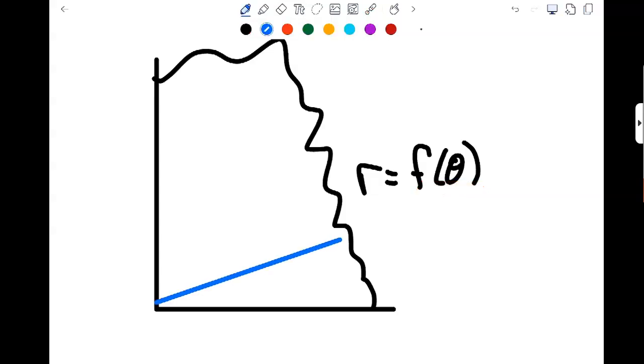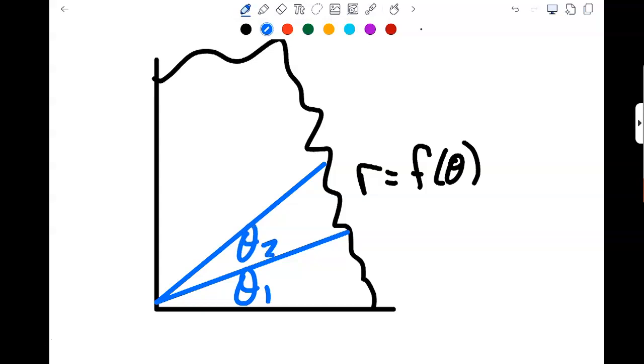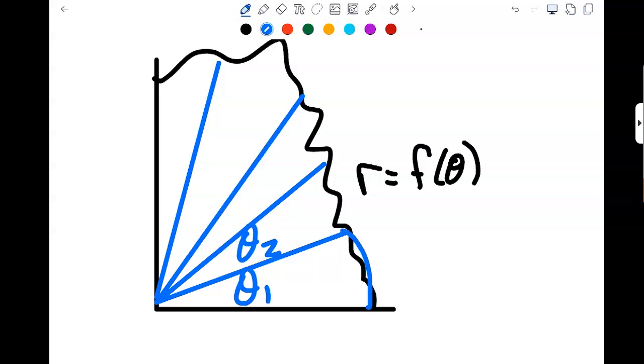We'd have an angle here like theta 1, another angle here, theta 2, and so on throughout the whole thing. We would just keep going. And every one of those, we would approximate with a circular sector.